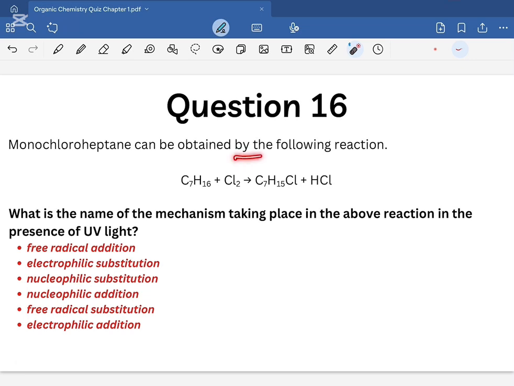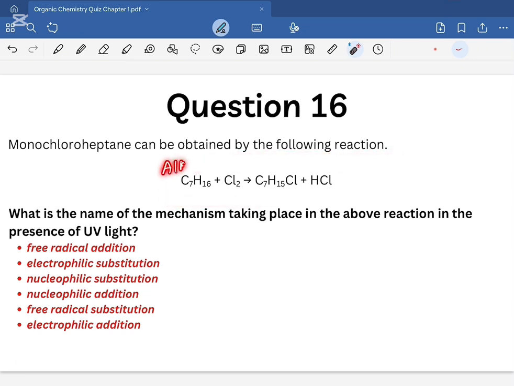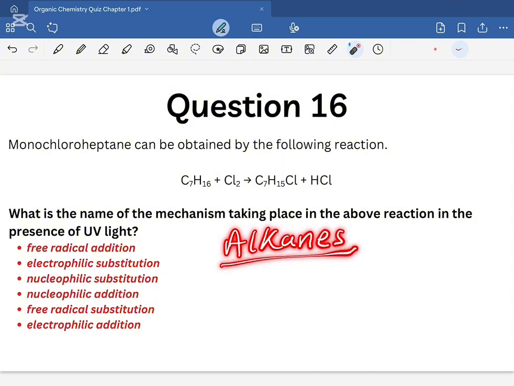Monochloroheptane can be obtained by the following reaction. This is the reaction that's taking place. As you can see, we have an alkane reacting with chlorine. And they said, what's the name of the mechanism taking place in the above reaction in the presence of UV light? Now we need to remember that alkanes do not mainly undergo addition reactions. Typically they do substitution, a free radical substitution reaction.